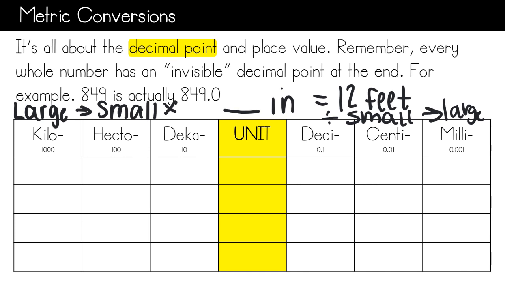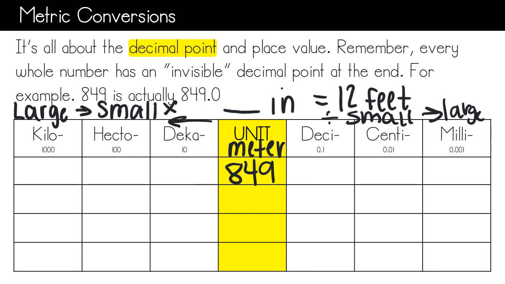So let's start out with 849. Let's talk about meters. If I have 849 meters, I want to see how many decameters I have. Decameters is larger than meters.